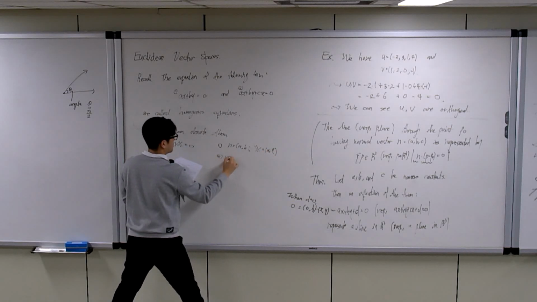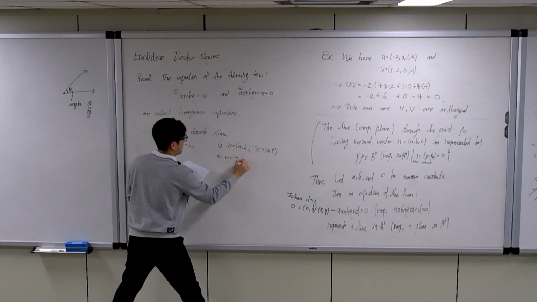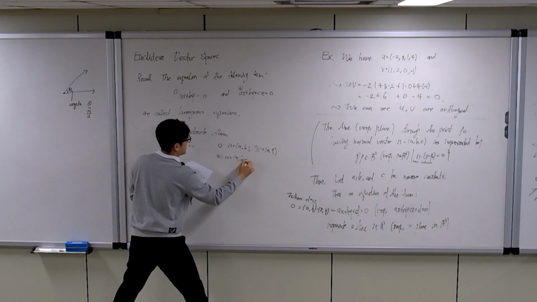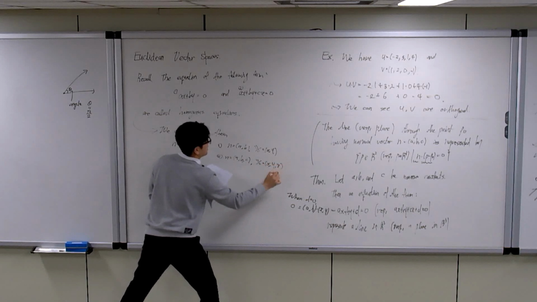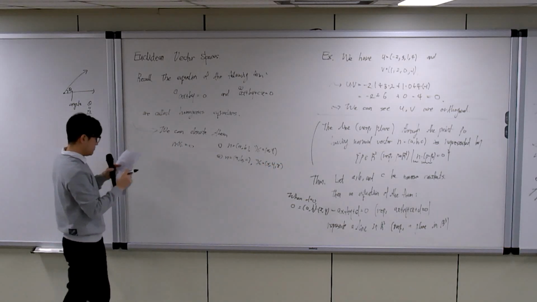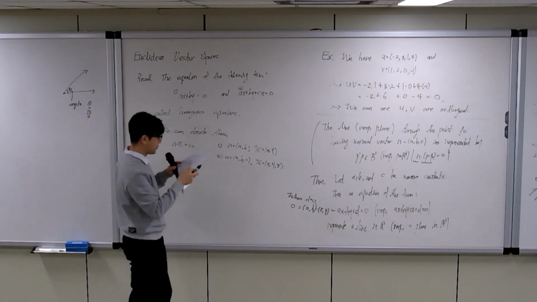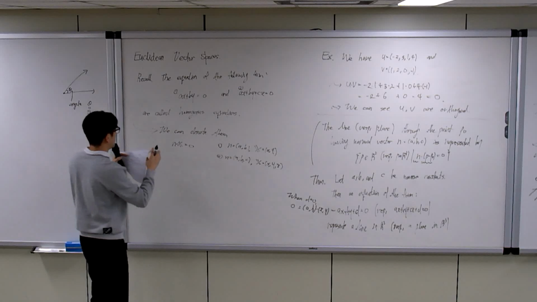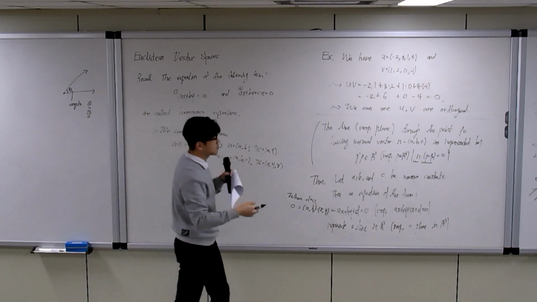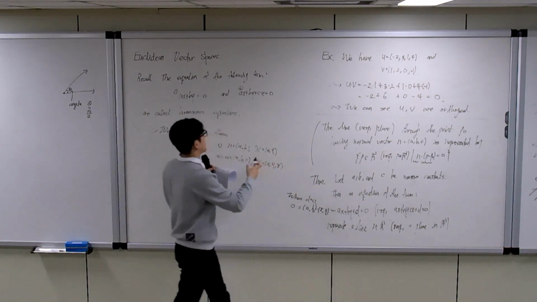Similarly, the second case is n equals (a, b, c) and the vector x is (x, y, z). So by using this, we can denote the line through the origin by using dot products.